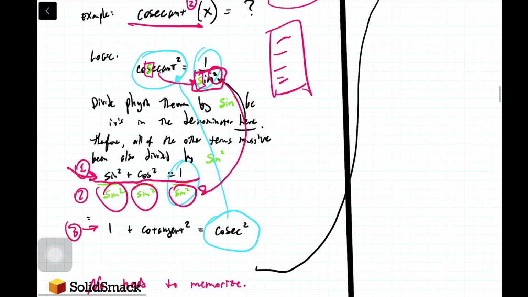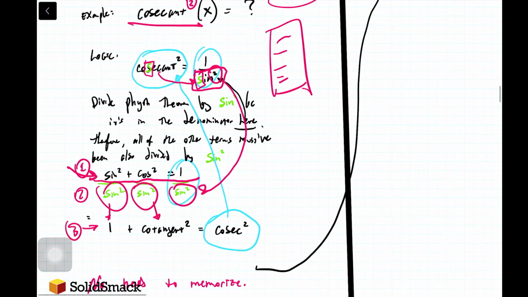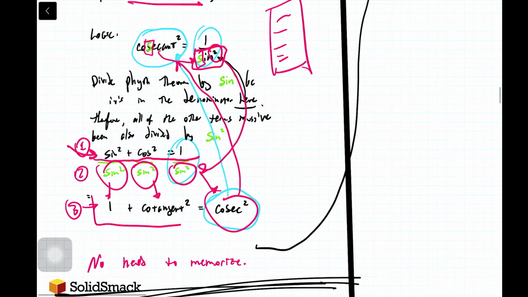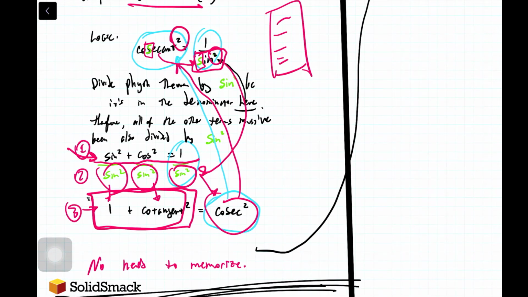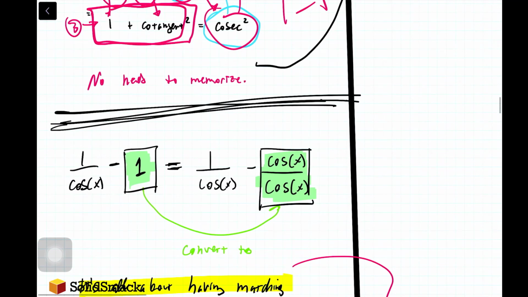And step 3 here, this is what I end up with: 1 plus cotangent squared equals cosecant squared. This is the cosecant from up there. And you can use this logic for any term that they throw at you that's squared. Ta-da! You don't need to memorize any of them. As long as you know sine squared plus cosine squared equals 1, you're golden.